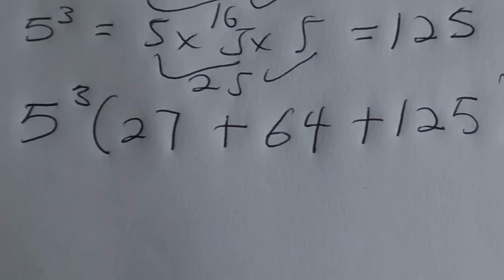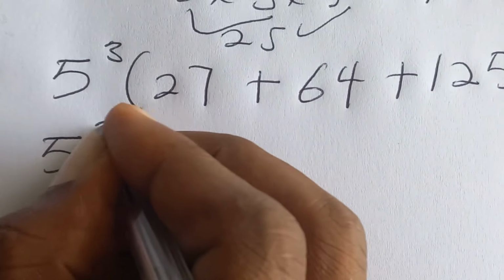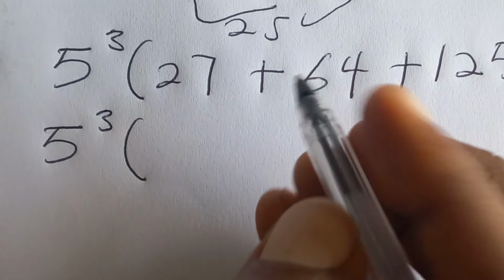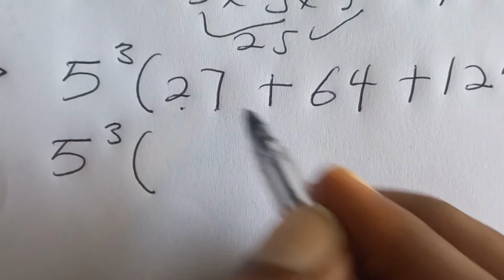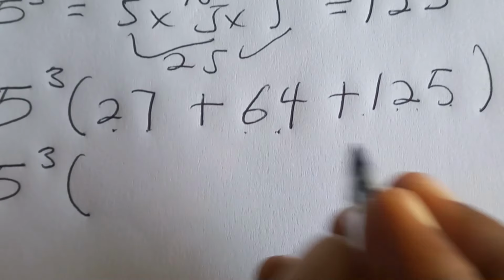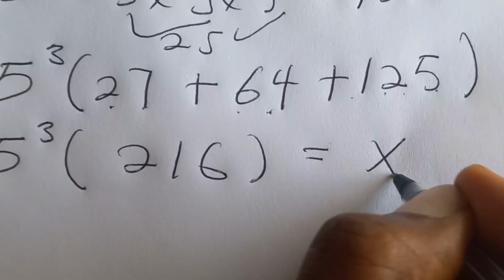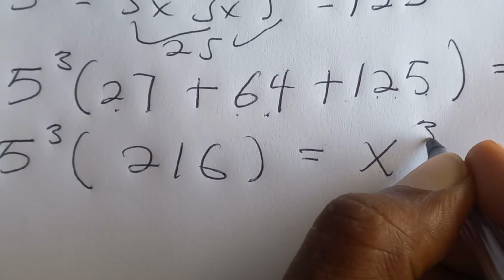Okay. So from here, I say that 5 exponent 3 bracket, 27 plus 64 plus 125, we are getting 216. So 216 bracket, which is equal to x exponent 3. Okay.